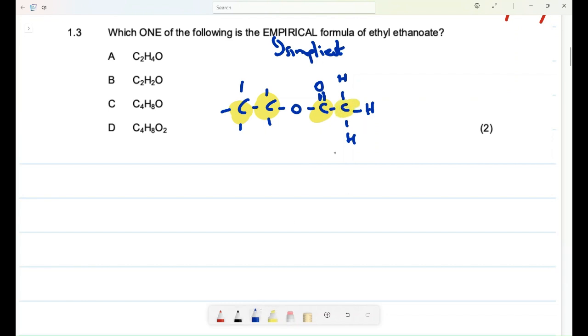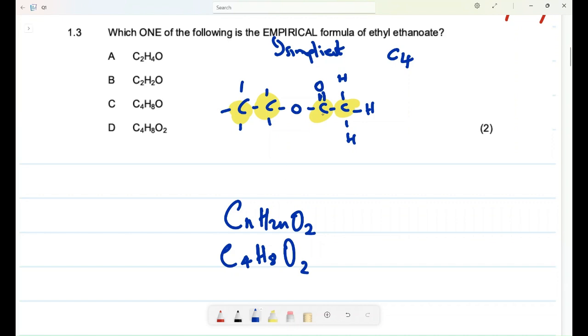So we have C4, four carbons, and I know the general formula for this one. It is CnH2nO2. Meaning if I have four carbons like this, it means I'll have eight hydrogens, then O2.